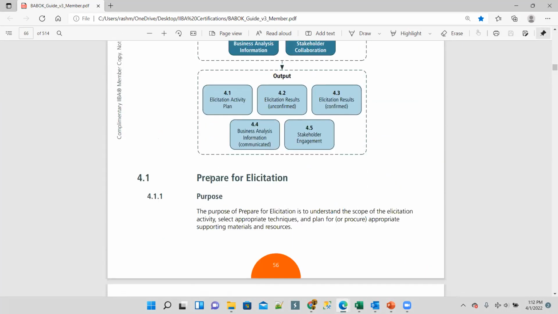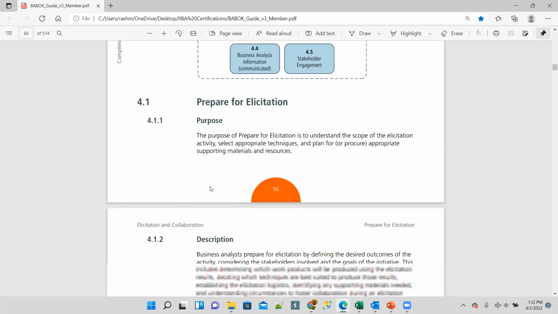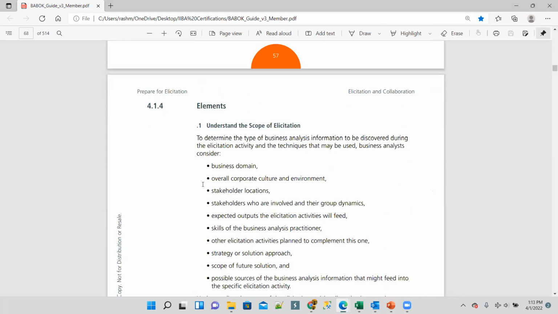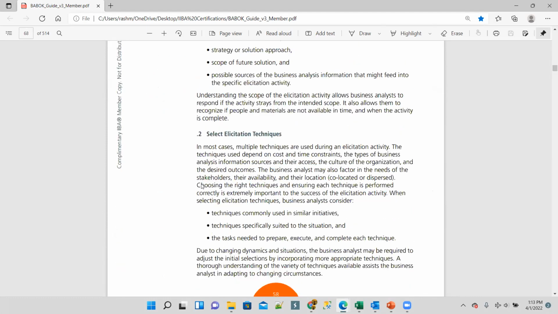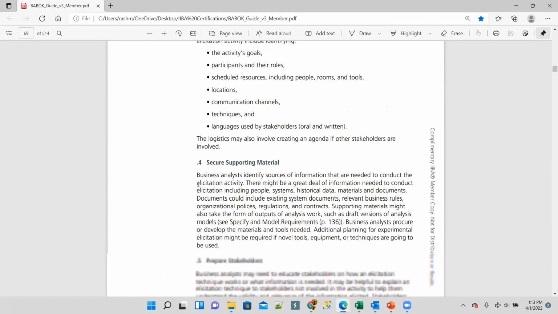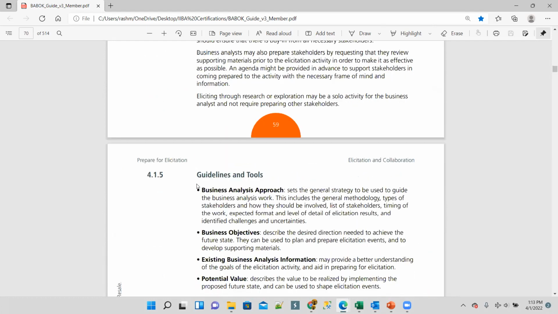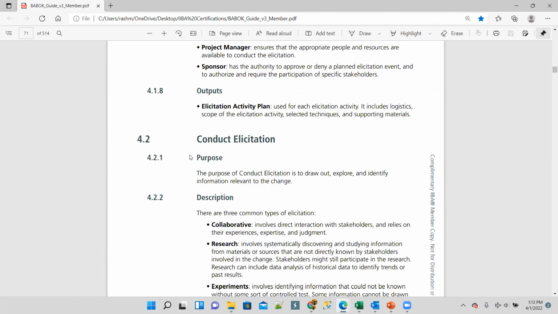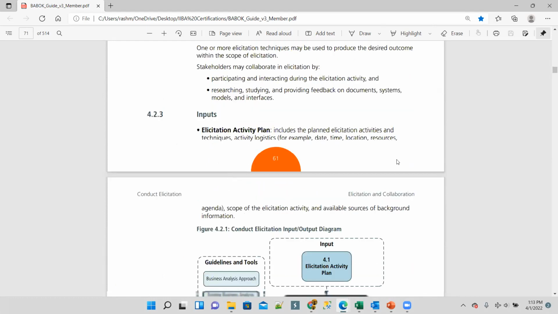So in this case, you're going to prepare for elicitation. Within that task, you have purpose, description, inputs, elements, guidelines and tools, techniques, stakeholders, and outputs. The next task is conduct elicitation, where you have purpose, description, the same sort of flow.